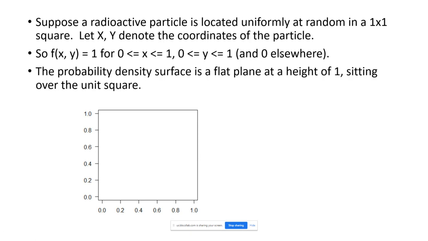So you can visualize this as little f, our probability density surface, is a flat plane at a height of 1 sitting over the unit square. And there's an image of what that might look like.